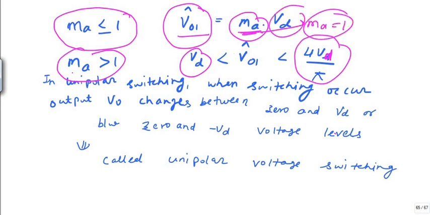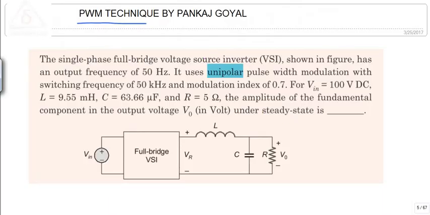So if my amplitude modulation index is more than 1, then the fundamental component of output voltage amplitude will be between Vd and 4 Vd by pi. So by keeping all the concepts in mind, now we are able to solve this question.